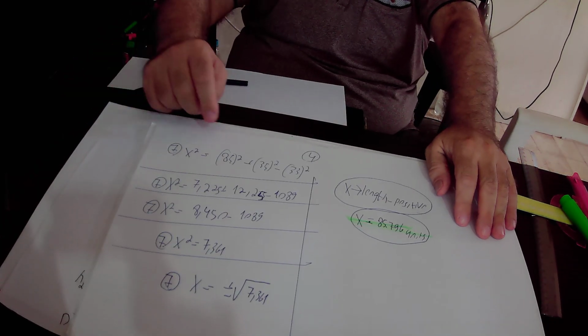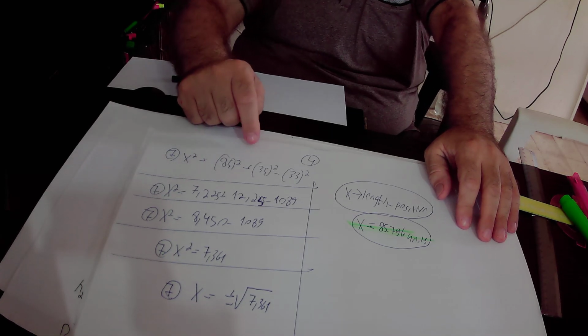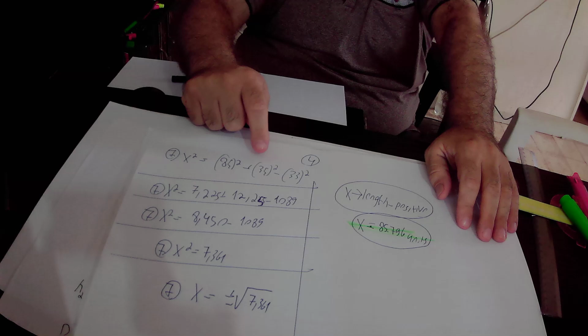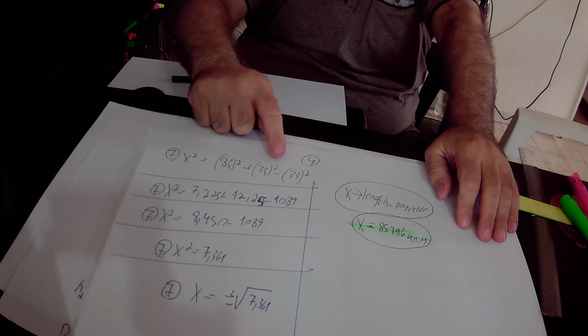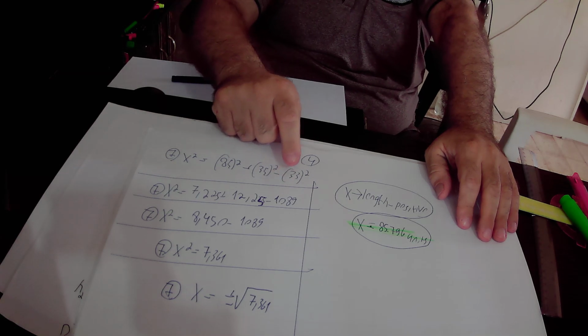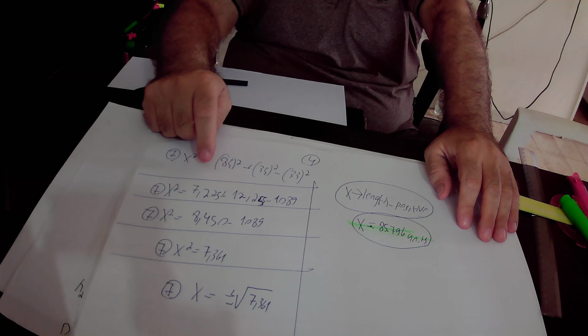So x square equals 85 square, which is 7,225, plus 35 square, which is 1225, minus 33 squared. 33 squared is 1089.